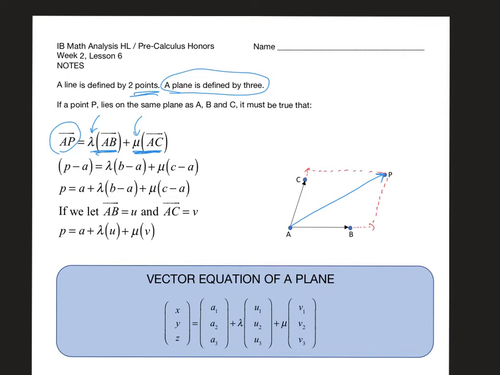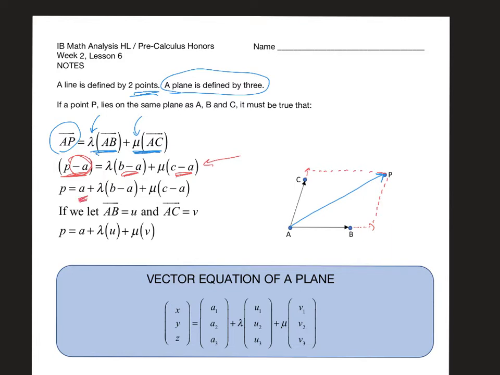All right, so then for this particular line, they got P minus A by doing head minus tail. Head minus tail, head minus tail. And then for the next line, they moved this A to the other side. That's all they did.